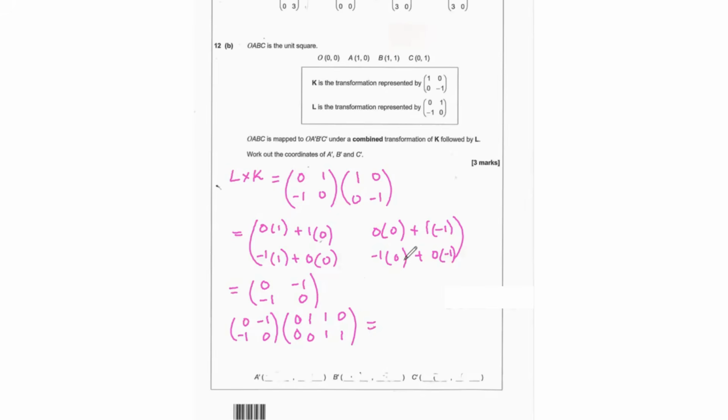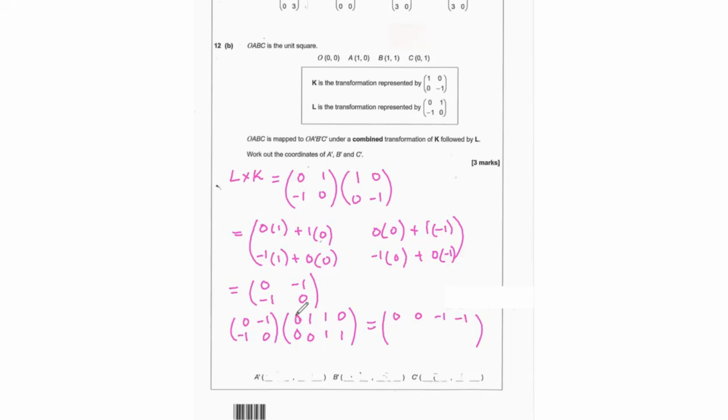Same steps as we did before, row times column. 0 times 0 is 0, plus negative 1 times 0 is 0. Then 0 times 1 is 0, plus negative 1 times 0, again 0. 0 times 1 is 0, negative 1 times 1 is negative 1. So negative 1 comes over here. 0 times 0 plus negative 1 times 1. That's again negative 1.